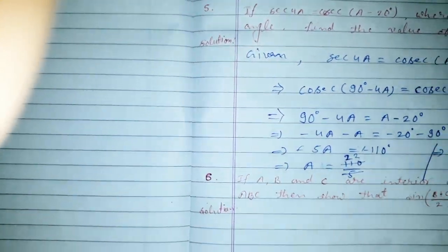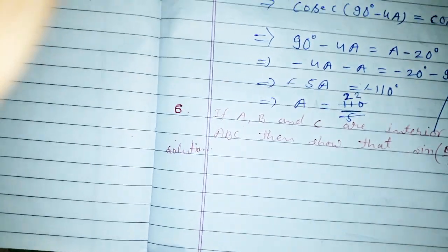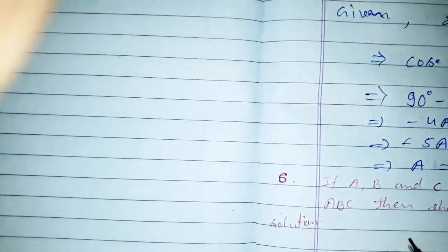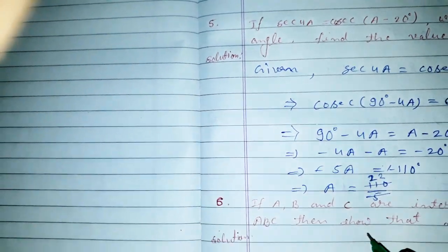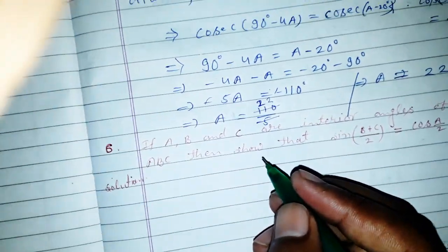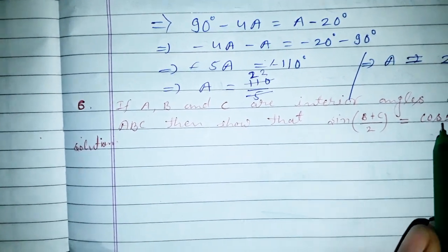Next, the last question of this exercise, question number 6. Given that A, B, C are interior angles of a triangle, show that sin of B plus C upon 2 is equal to cos A by 2.